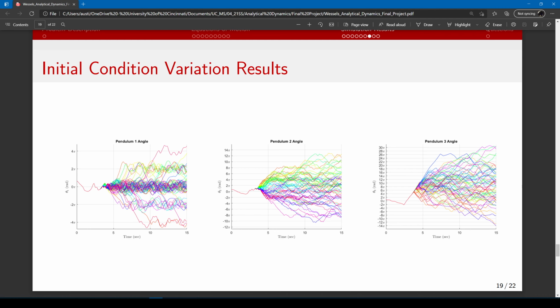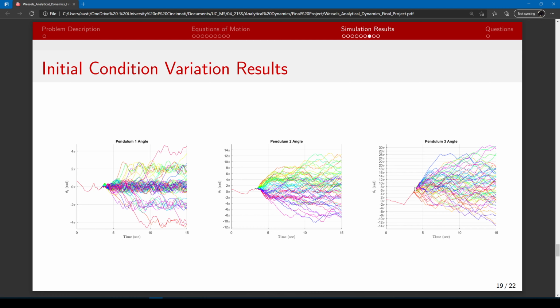For whatever reason, the first pendulum stays relatively vertical, hanging down. It's somewhat noticeable for pendulum 2 also; you can see some striations in there, some groupings of lines, but they're still chaotic. And then theta 3, pendulum 3, is all over the place here.